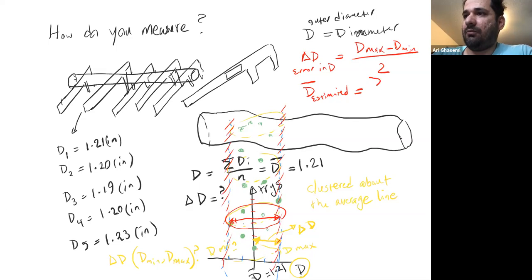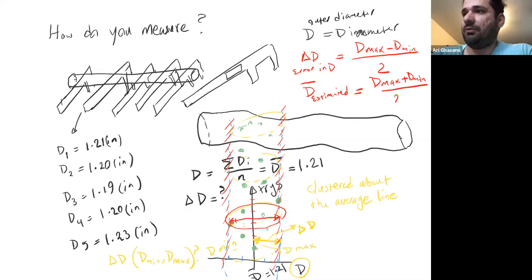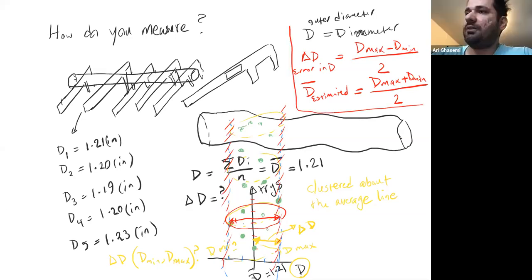Exactly. Thank you so much. D max plus D min divided by 2. If you have just two numbers, the upper bound and lower bound, maximum and minimum, you simply add them and divide by 2, which gives you the center of that cylinder, the envelope. So these are the formulas that you need to use when you do measurement.